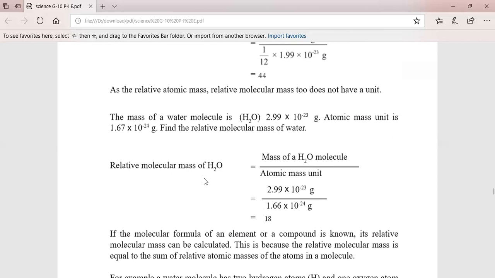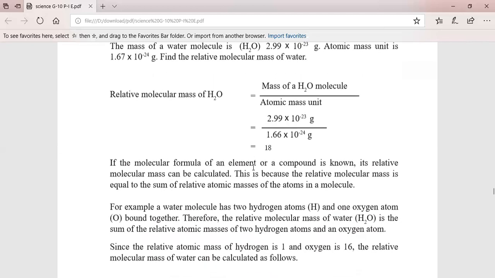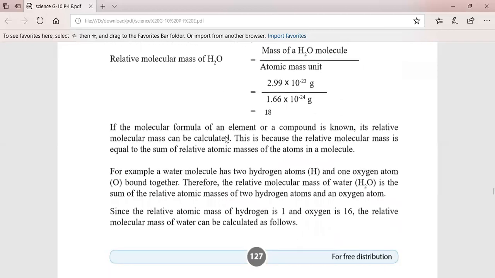Also, you can calculate this way. The relative atomic mass of hydrogen is 1, 2 hydrogens, that is 2. The relative atomic mass of oxygen is 16. Then 16 added to 2 is 18. So the relative molecular mass of water is 18.